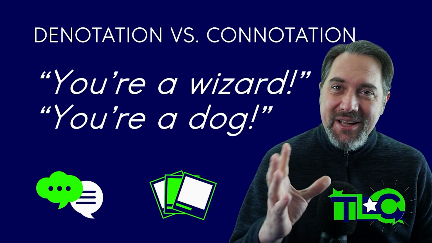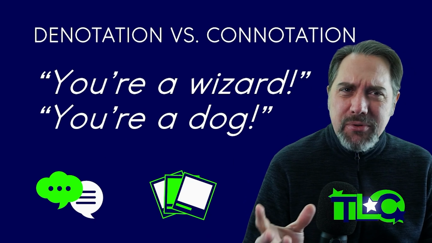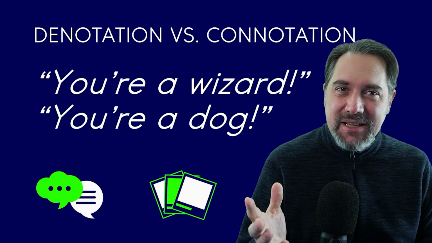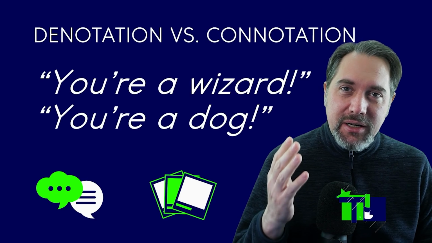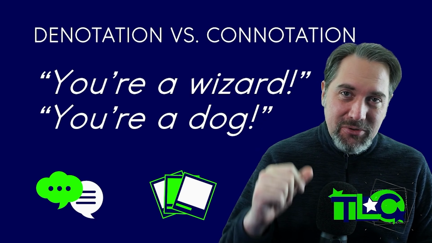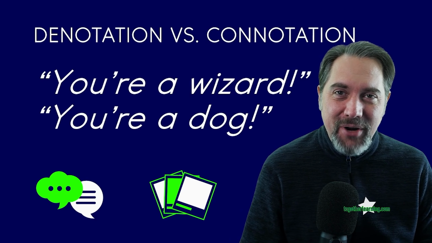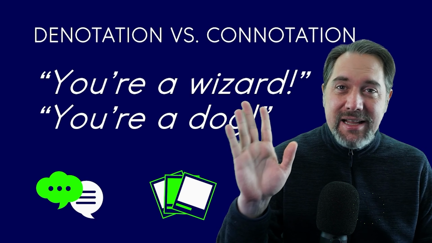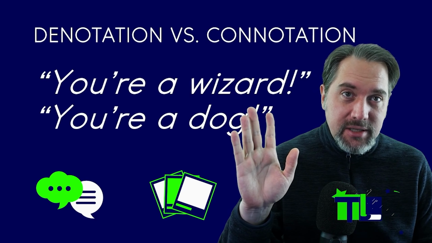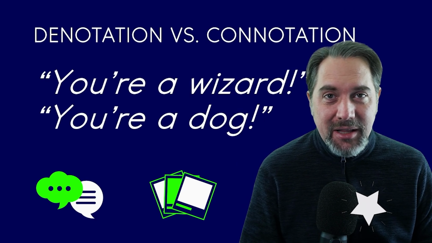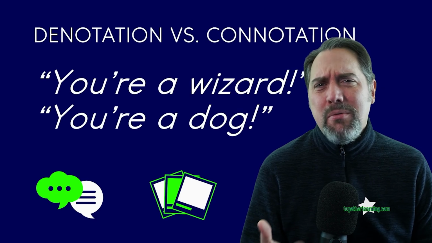So let's talk about some examples of this, right? If we're going to compare some easy examples of denotation and connotation, let's look at these two example sentences. You're a wizard, right? If we were to take this at its literal meaning, this denotation, "You're a wizard," meaning this is a line that you might hear in a Harry Potter movie or something.